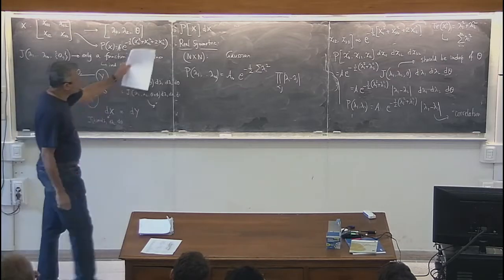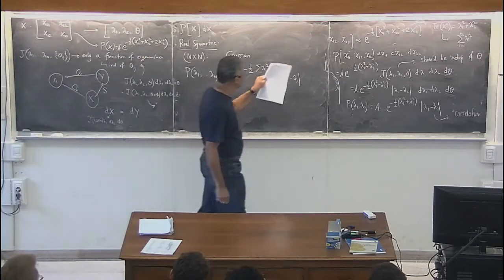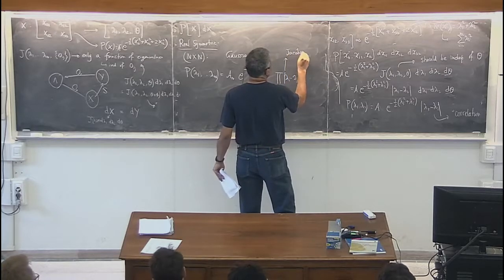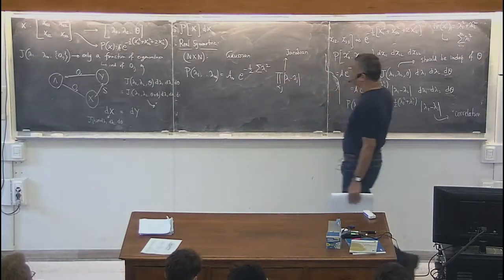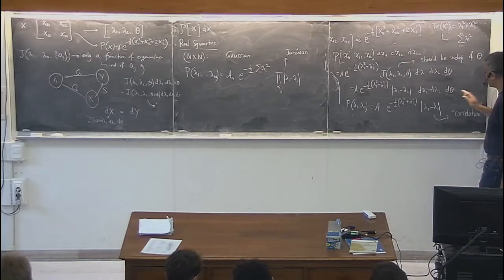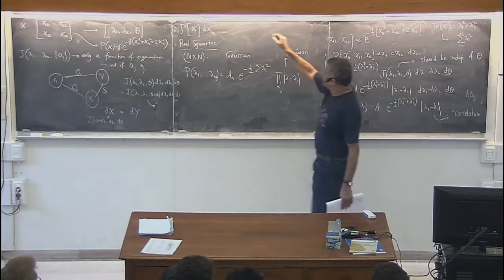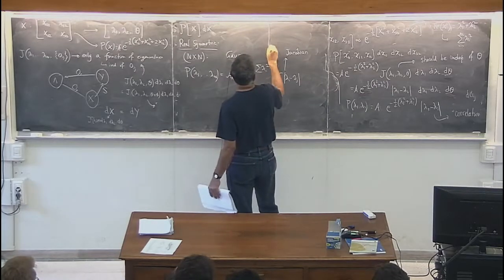And again, the eigenvector degrees of freedom completely decouple. If you think of this O, this orthogonal matrix, which is the eigenvector matrix, the columns are just basically random vectors. Okay.